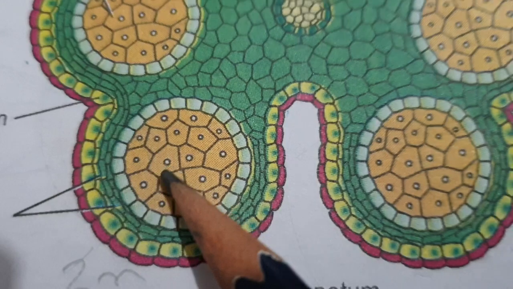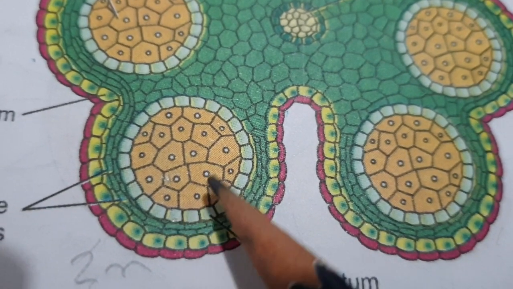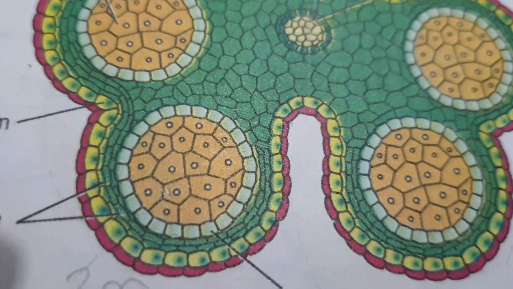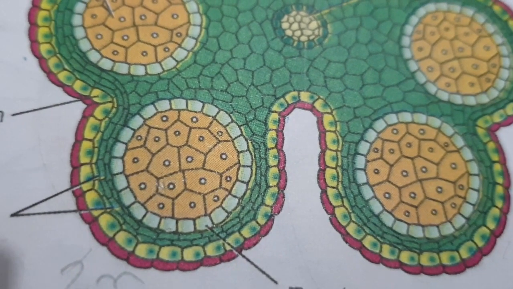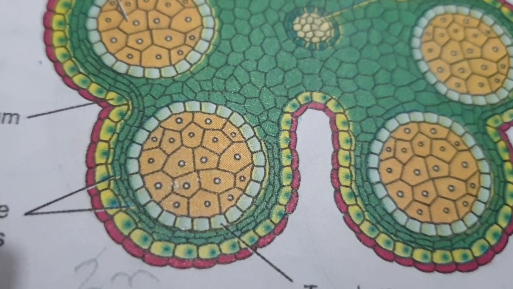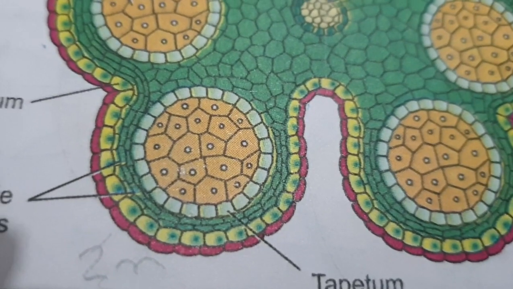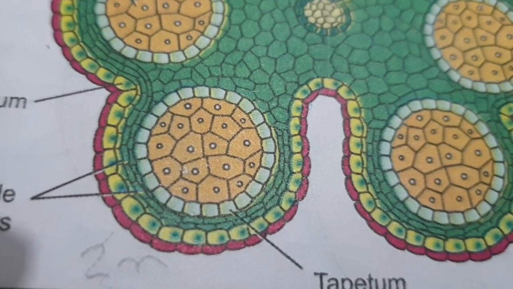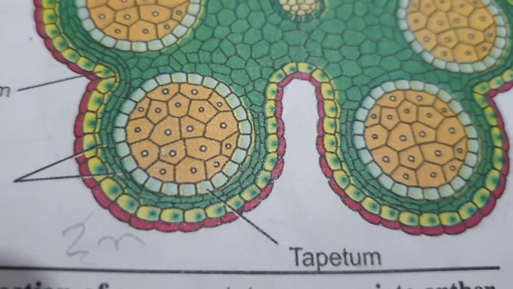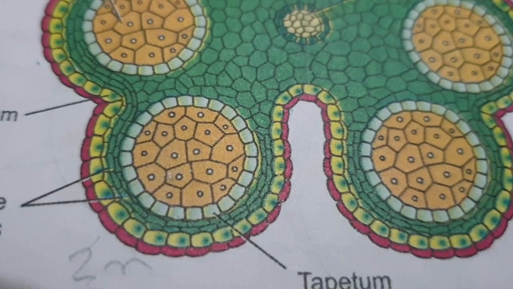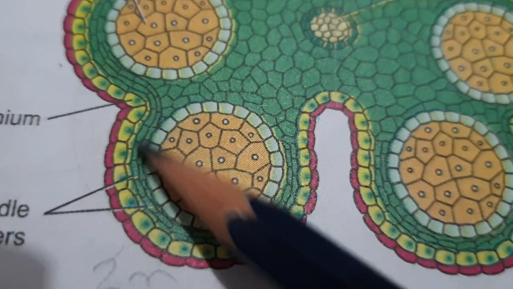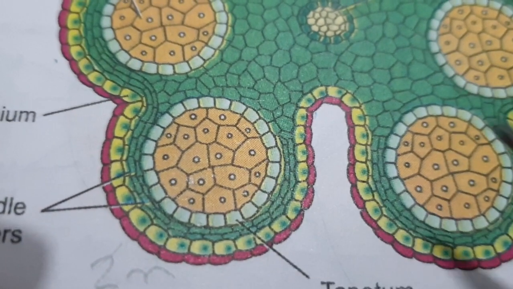Here these cells will divide and form the pollen grains. These pollen grains are now thick walled. These are also known as the microspores. Initially they remain together attached, forming a tetrad with the help of a callose layer, but later that callose layer dissolves by enzyme activity and releases the pollen grains. Then the whole sac consists of pollen grains.